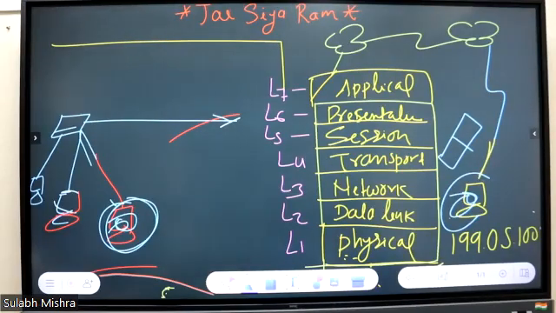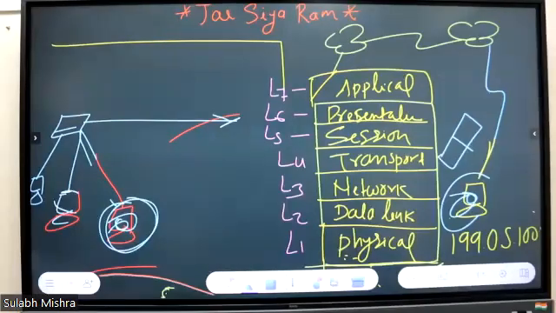We can specify the problem based on the layer number. We use the OSI model generally for troubleshooting to find the exact issue and which layer the problem is in.